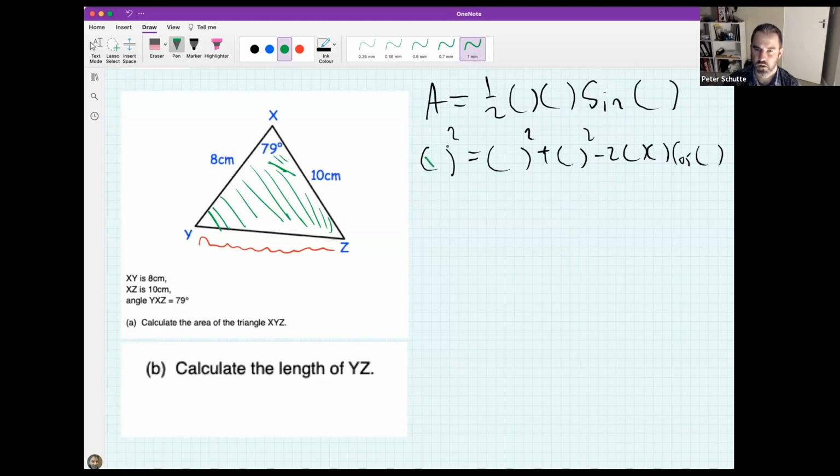Guess this is going to be YZ. And then this one should be 8, 10, 79, 8. Notice how the area rule has a sine in it, whereas the cos rule obviously has a cos in it. That's also an important distinction.